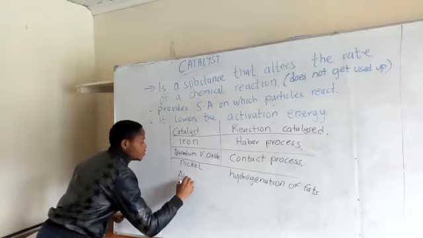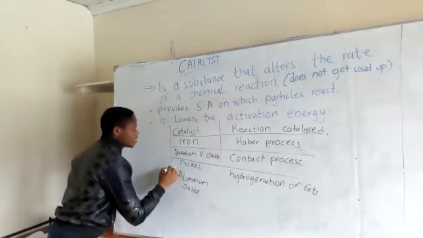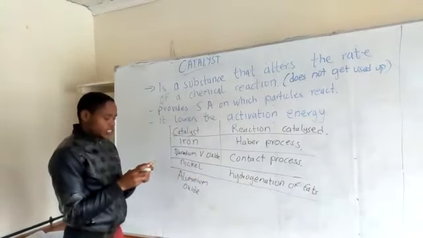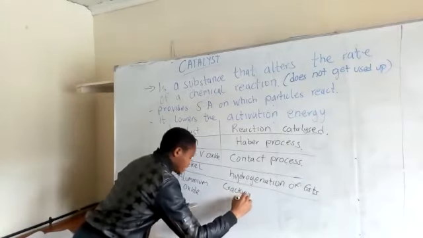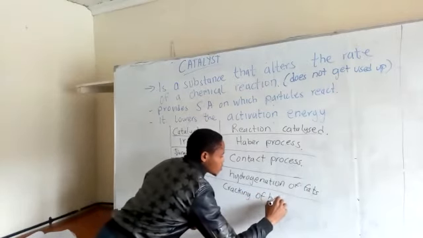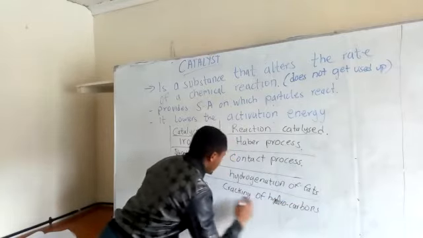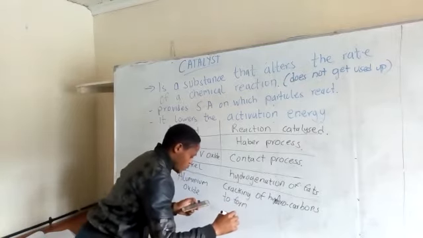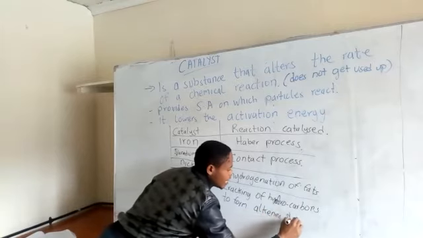It's a very common catalyst. It is used to catalyze the cracking of hydrocarbons to form alkenes and alkanes.